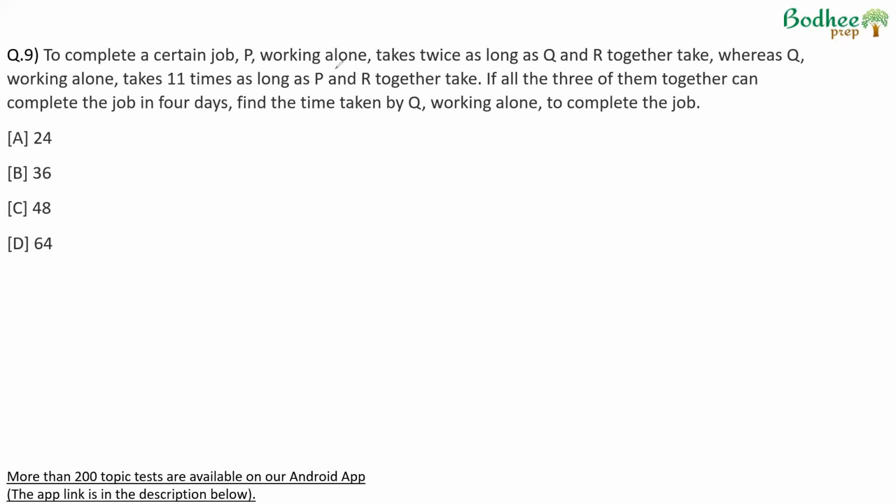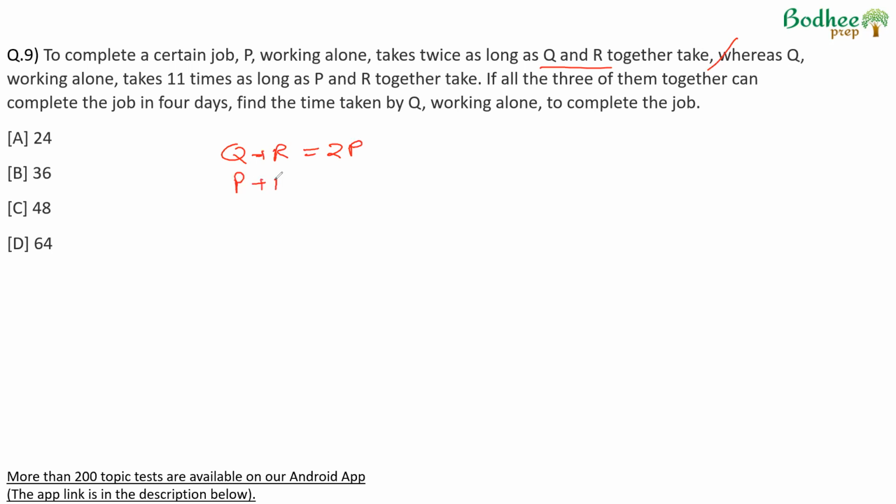To complete a certain job, P working alone takes twice as long as Q and R together. P takes twice as long as Q and R. So we can say that the efficiency of Q and R, suppose P does P units per day, Q does Q units per day, R does R units per day, will be twice of P, because for the same work, P is taking double the time than Q and R. So Q plus R is equal to 2 times of P. Whereas Q working alone takes 11 times as long as P and R together.